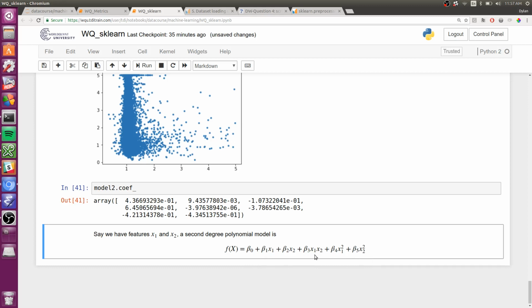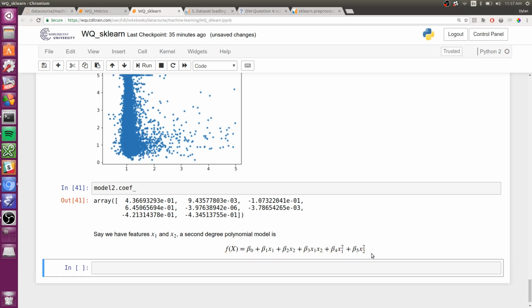So we can fit a linear model just calling each of these features some kind of new feature. So, for example, let x3 equal x1 x2, x4 equal x1 squared, and x5 equal x2 squared.